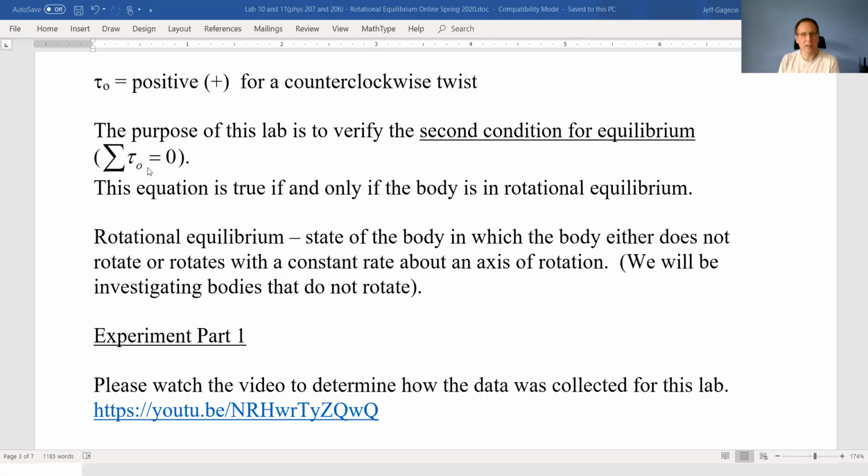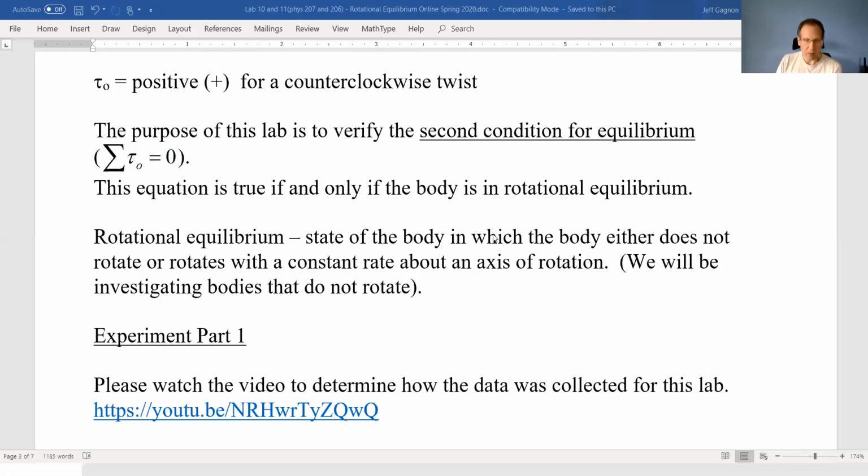The sum of the torques has to equal 0. It's called the second condition for equilibrium. By the way, the first condition you may know from Newton's second law is that if the sum of the forces equals 0, then the object is not accelerating. So that would be the first condition for equilibrium.